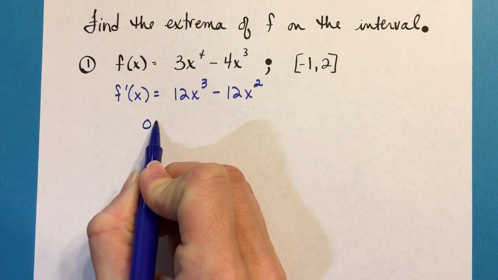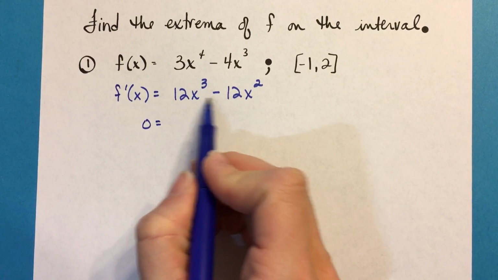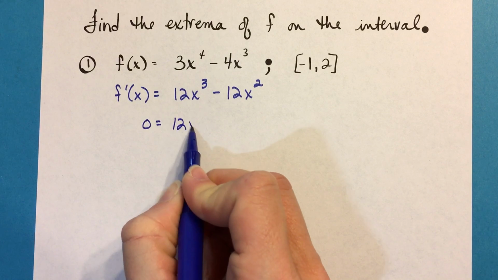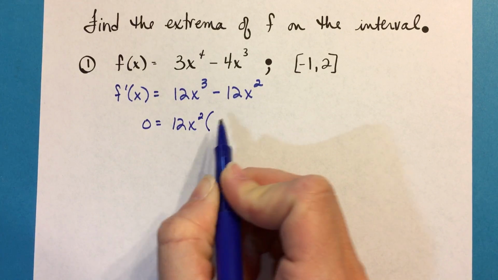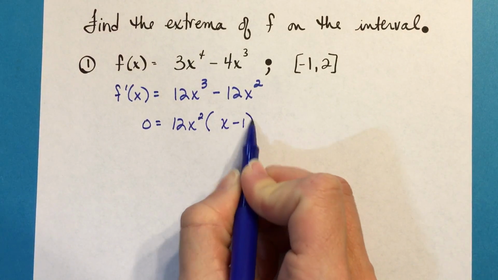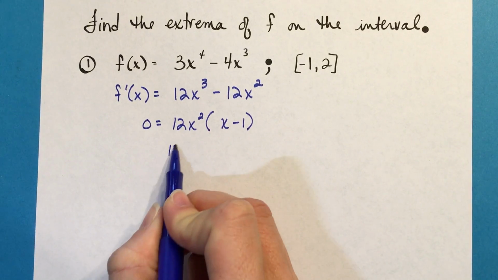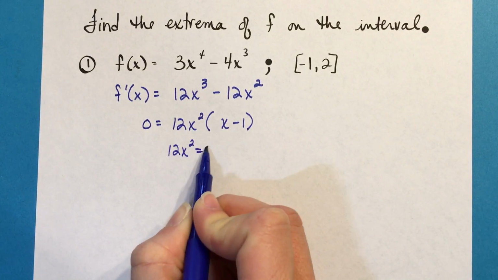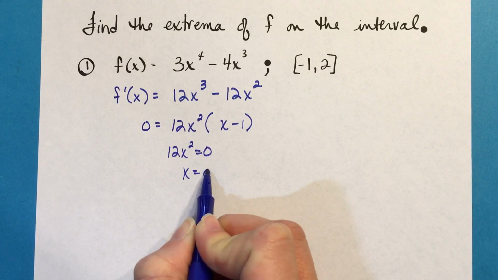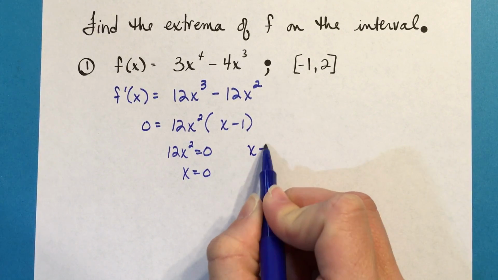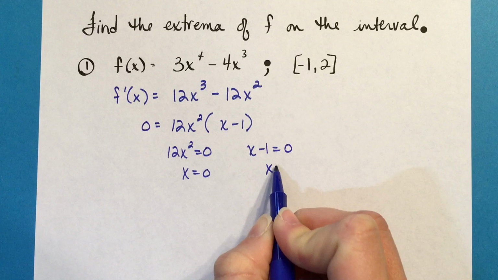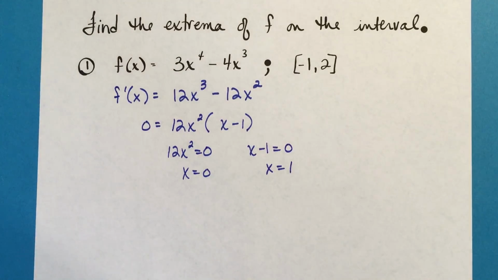So you just simply set it equal to 0. You do have a common factor of 12x squared that you'll want to factor out, which will leave you with x minus 1. So 12x squared equals 0 gives you x equals 0, and x minus 1 equals 0 gives you x equals positive 1. That's going to be your critical numbers in the open interval.